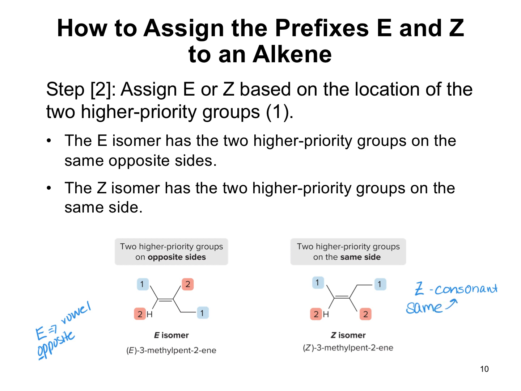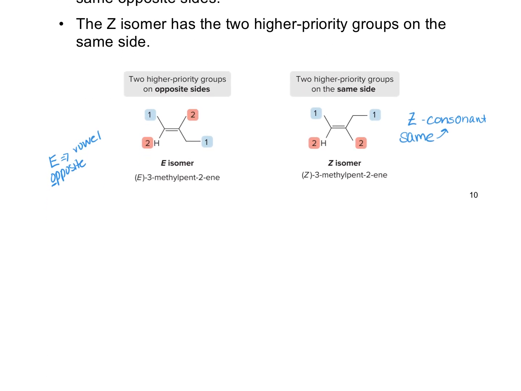And so you put the vowels together and then you put the consonants together, and that's how I remember E and Z. So I want us to do an example of deciding if an isomer is E or Z.